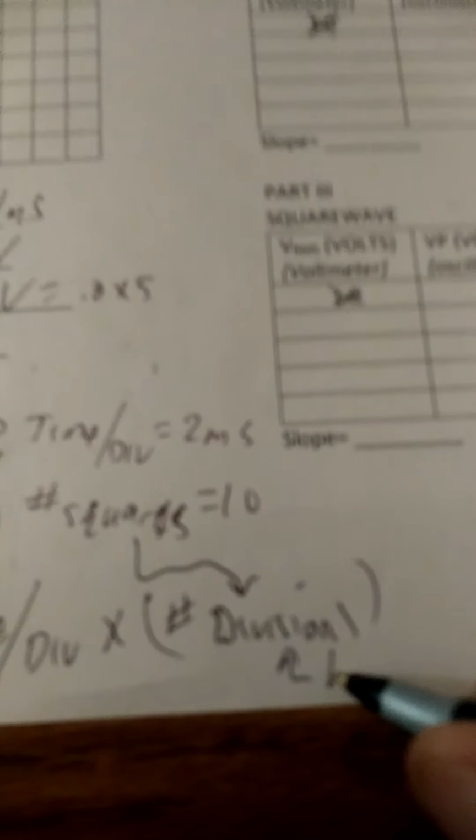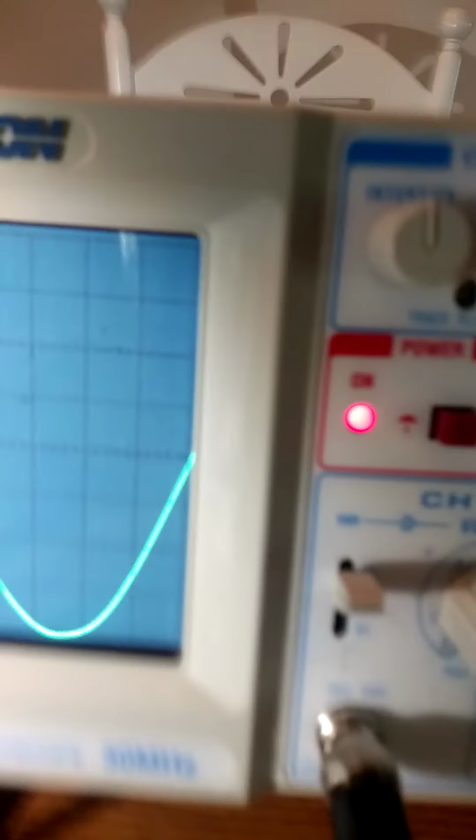These are the vertical, and the other one is the horizontal. Like I said, the peak voltage is 4 squares times 2 volts per division, which gives me 8 volts.